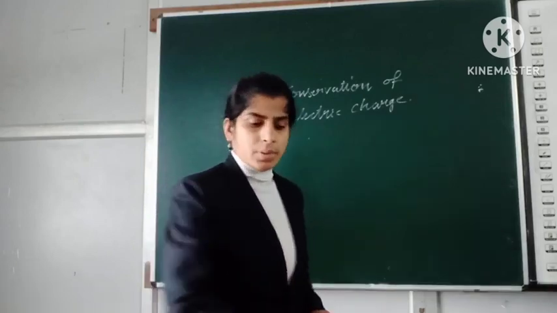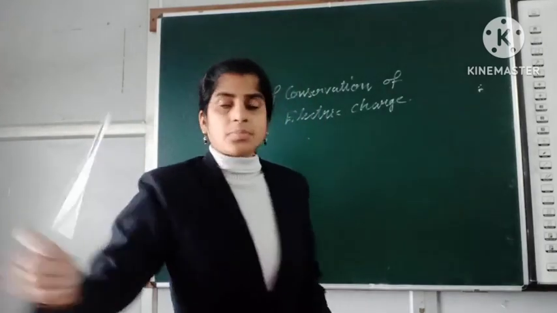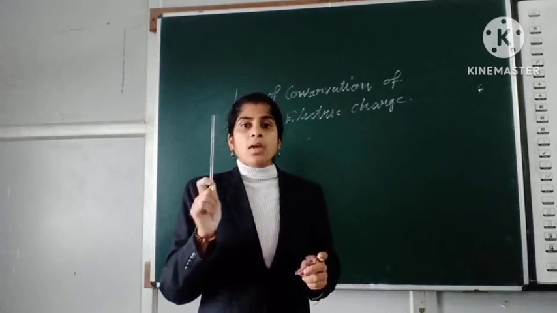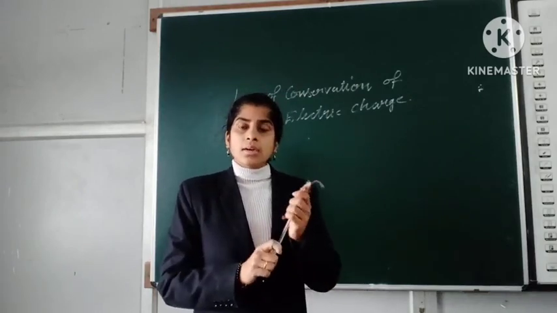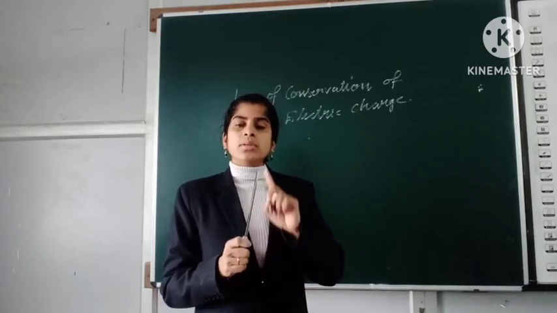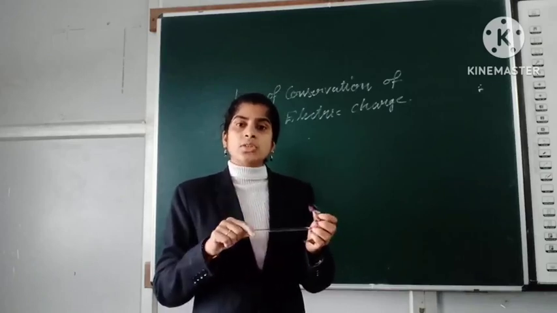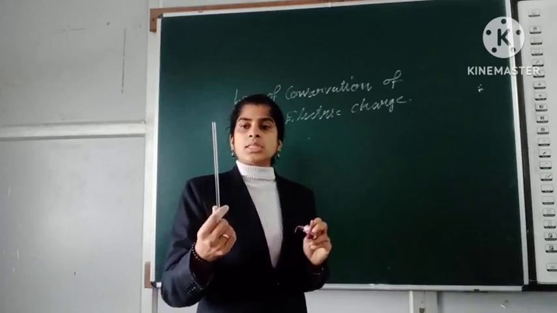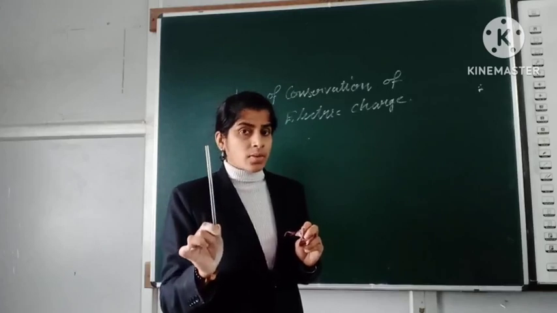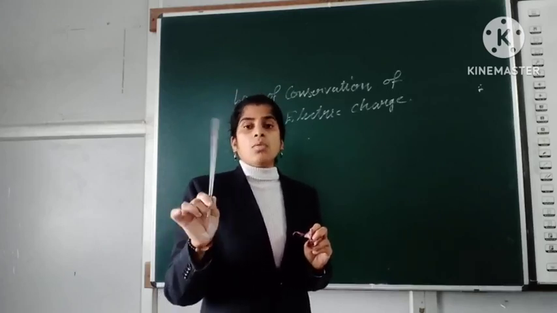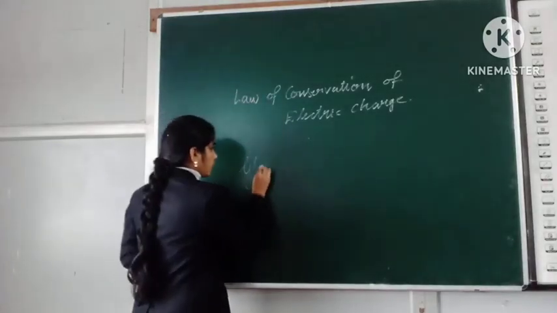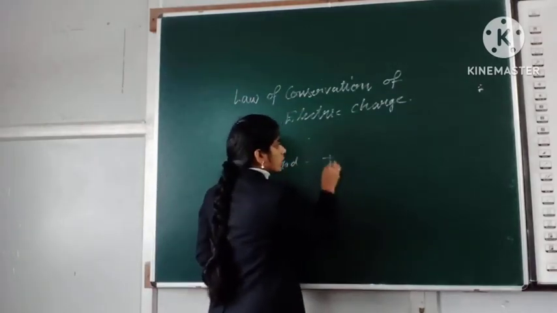For example, here I took one glass rod and silk cloth, same as before. When the glass rod is rubbed with the silk cloth, what will happen? The free electrons are transferred from the glass rod to the silk cloth. So the glass rod has a loss of electrons, which means positive charge.